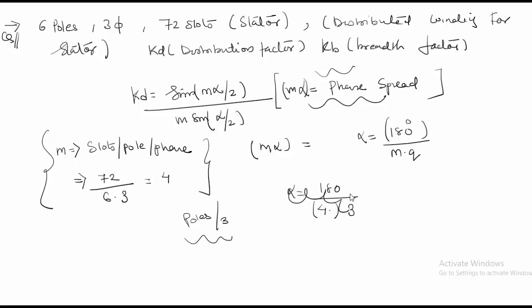This alpha can also be given by the equation of 180 P divided by S. So alpha is equal to 180 into the number of poles, 6, divided by slots, 72, which is equal to 15 degree.